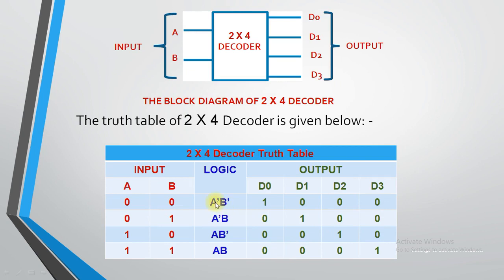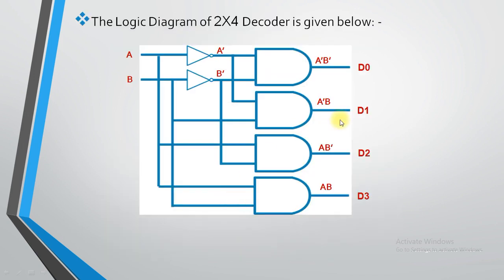D0 means A dash, B dash. Yes or no? D0, that means this particular line is only activated if I pass A dash, B dash. Right? So what I need to do? I need to write A dash, B dash over here.